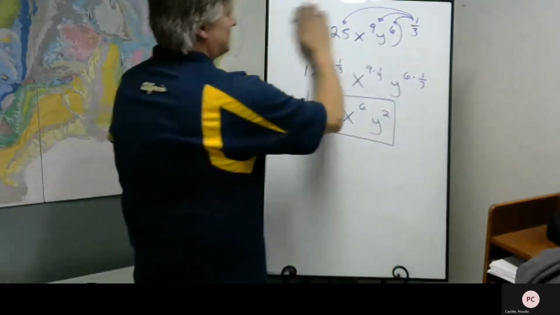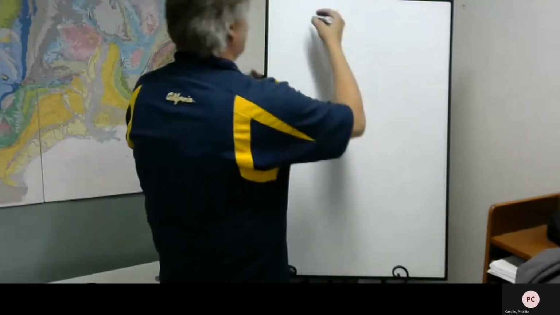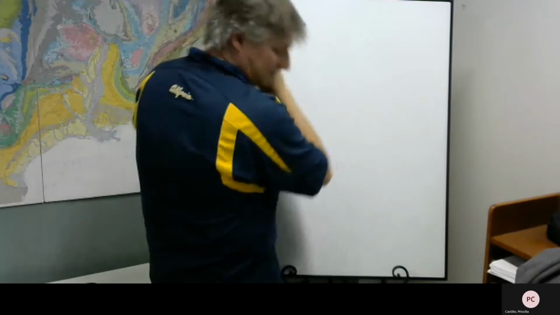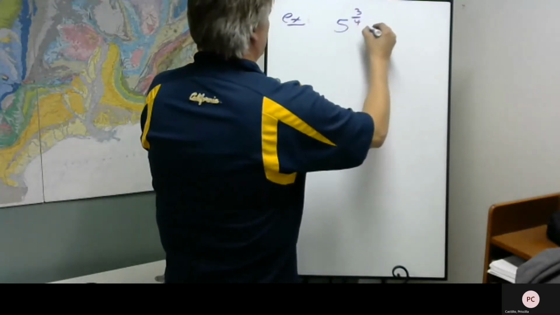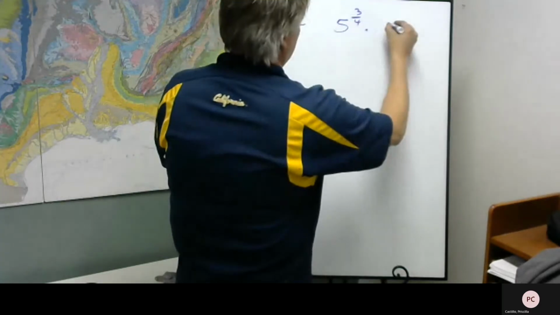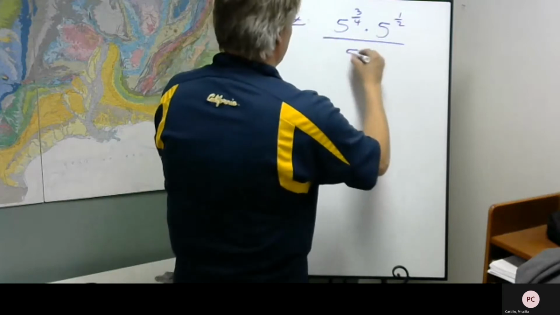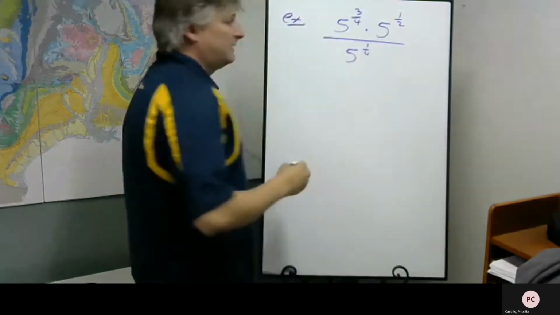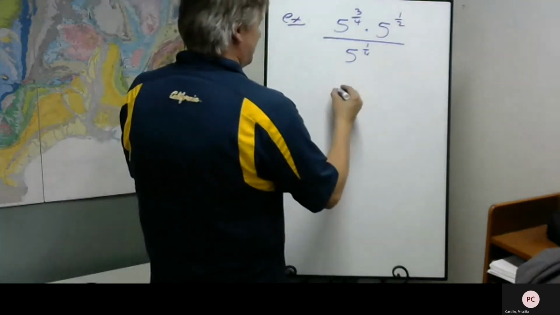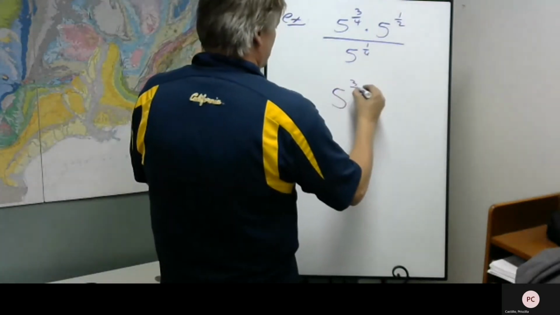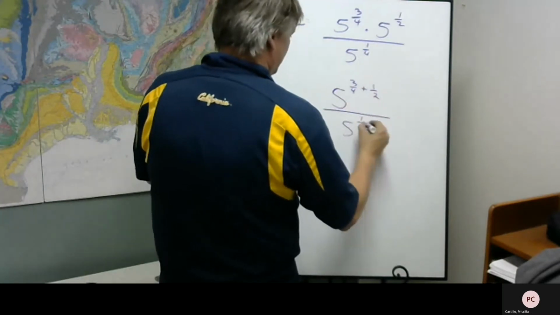Now let's say we have this. Now these have all the same base. So on the top, we're going to get 5 to the 3/4 plus 1/2 divided by still 5 to the 1/4.